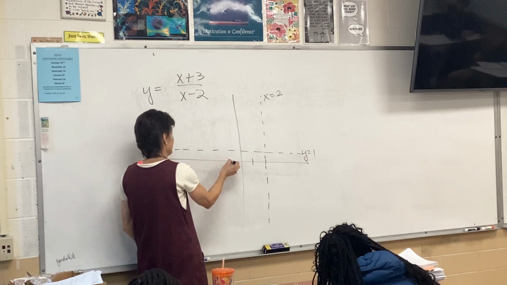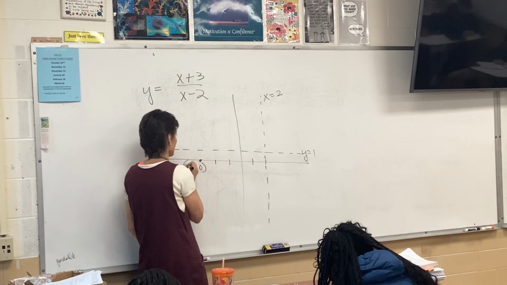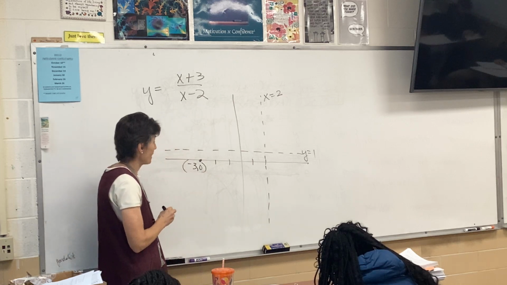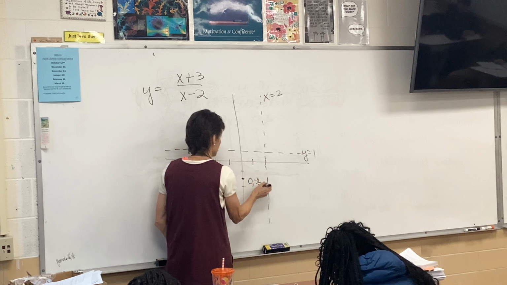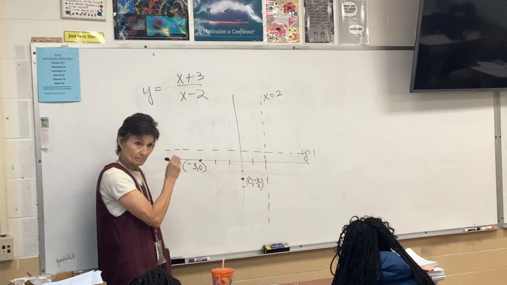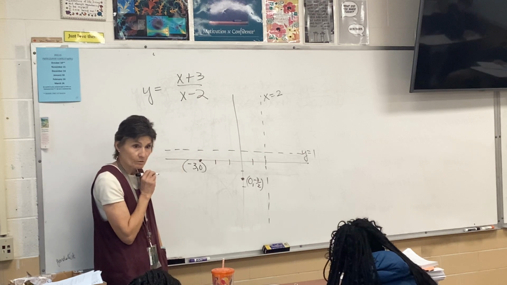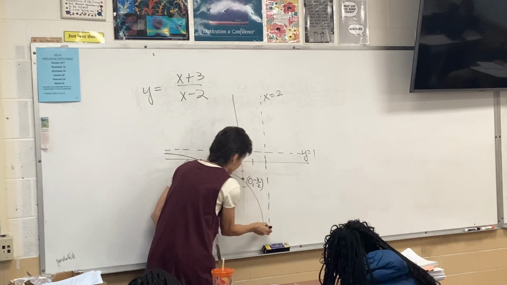X-intercept at -3 and y-intercept at -3/2. Perfect. Based on that, you should be able to sketch the picture. Pretty easy over here because you got points.